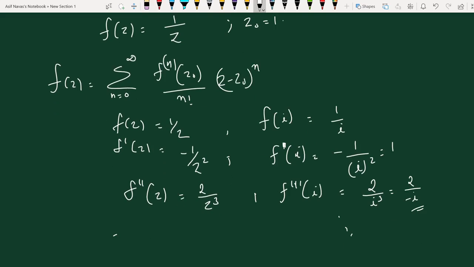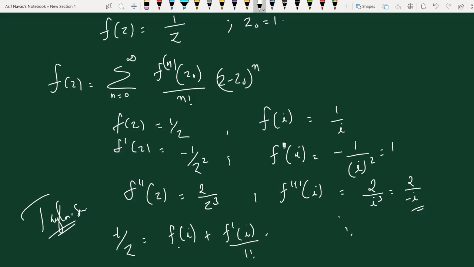So we know that the Taylor series of 1 by z is f of I plus f dash of I by 1 factorial z minus I plus f double dash of I by 2 factorial z minus I all square plus etc.